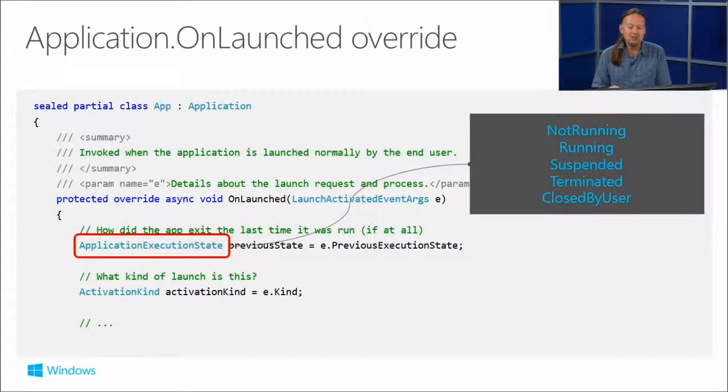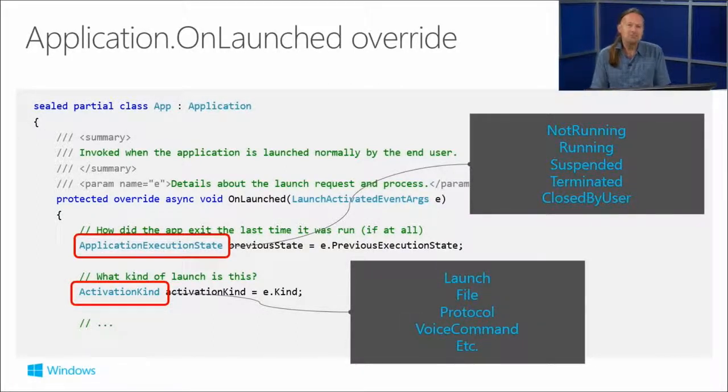So you get this in the args, this previous execution state, so you can figure out what happened before this launch, what happened to it, the last thing in its life? And you can see you've got these 5 options. Not running at all, so the app's maybe just been installed, never run. It was running, it's been suspended, or it was terminated, or it was closed by user. We'll talk about what each of those mean as we go on.